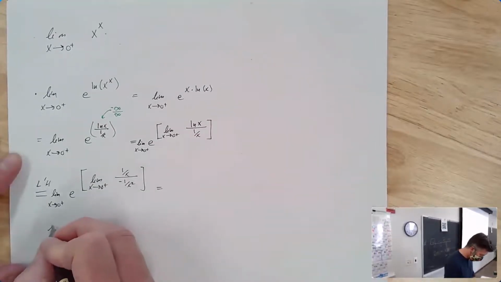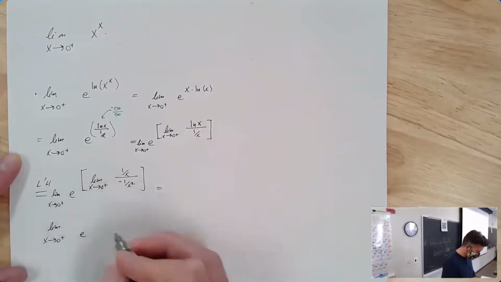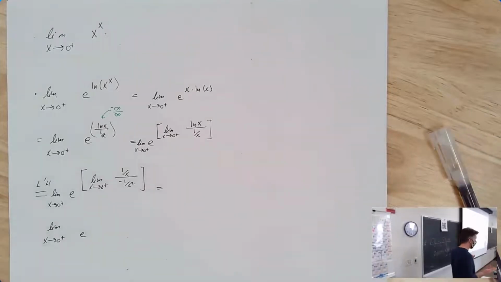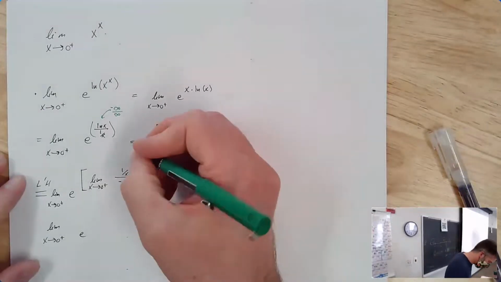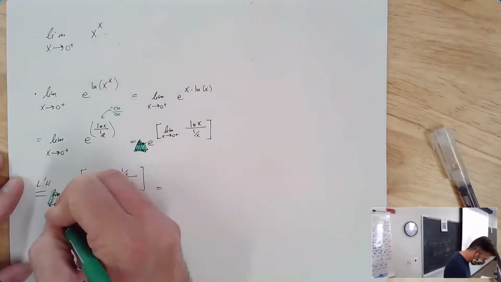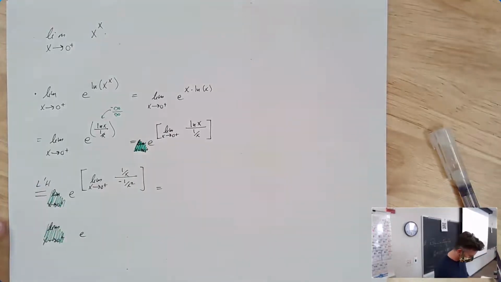So that's going to be the limit as x goes to 0 from the right of e to, oops, oh, nope, sorry. I'm so used to writing the limit in front that I was like, I need to write the limit, but I had already written the limit, I just moved it. I apologize. I didn't forget it, I just got caught up. That doesn't need to be there. Sometimes you get overexcited about the limits.